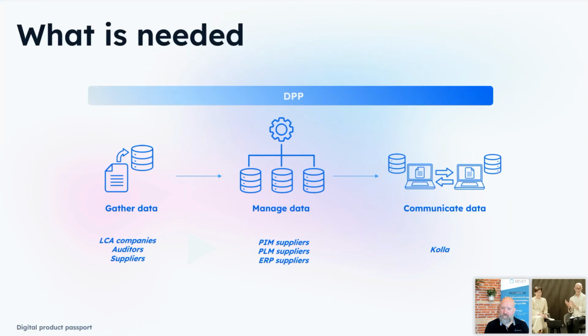The third part, which is also important, is communicating the data. And this one has kind of been left behind in a lot of the discussions and webinars about DPP. When you're communicating this data, we at Kolla, and this is where we come in, and this is an area that's particularly close to my heart with a background in branding and marketing, have spoken to branding and marketing people about digital product passports. First, they're not aware of it at all.